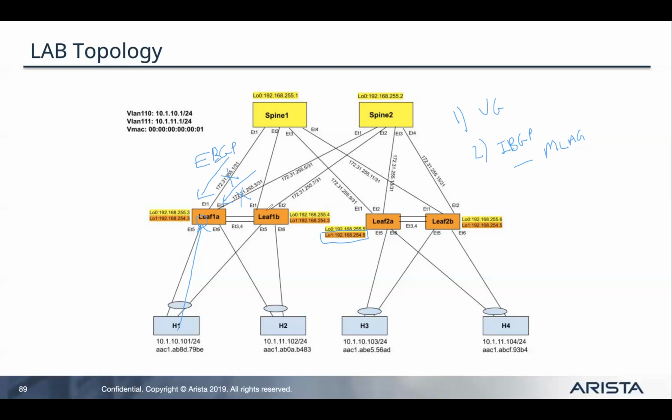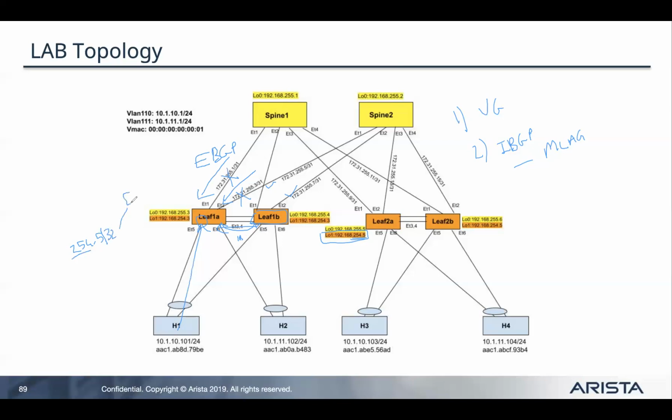But obviously this guy is still receiving this route for this 254.5 from its uplink, right? So it has already routes. So if you have routing between these two enabled, IBGP or any other, this guy also will advertise you this 254.5 route. So basically, another VTEP IP route for this guy, you are receiving through two paths, right?